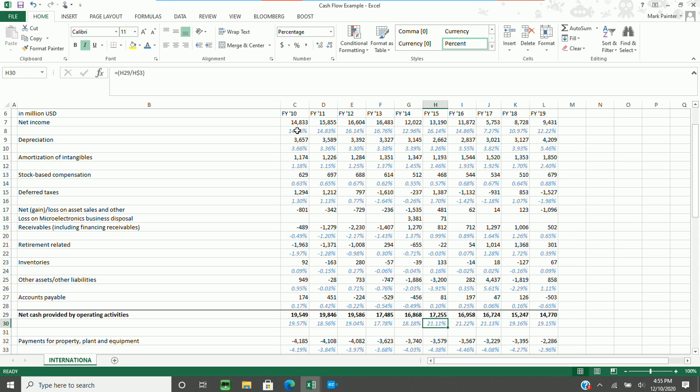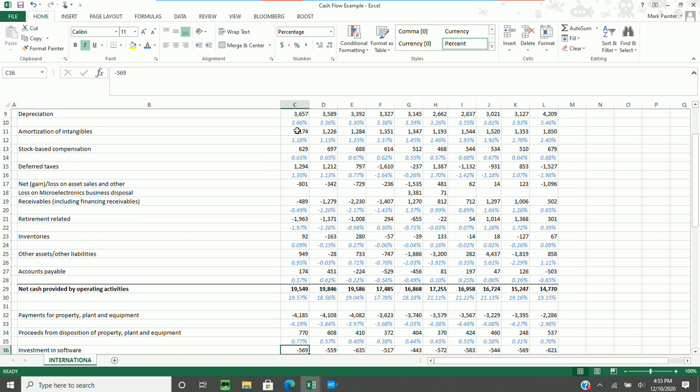So they actually generate a lot more cash than what you would expect. So that's actually, again, for somebody that's looking at this, somewhat encouraging when you say, okay, the revenue hasn't been great, net income is down, but they do generate a lot of cash. So that's one thing to look at.